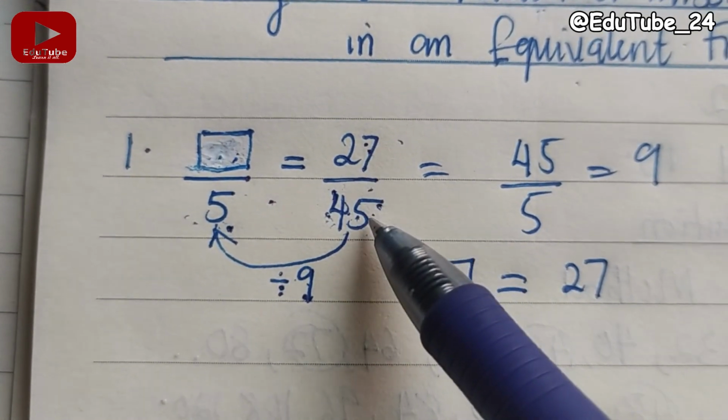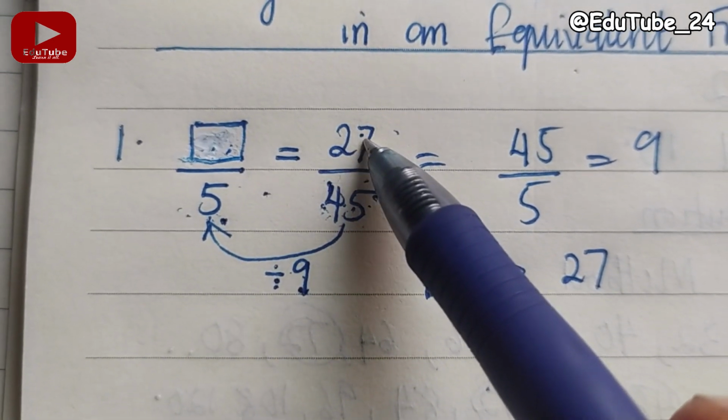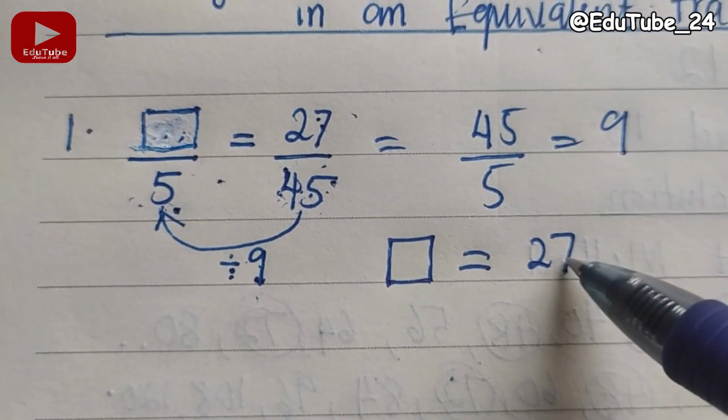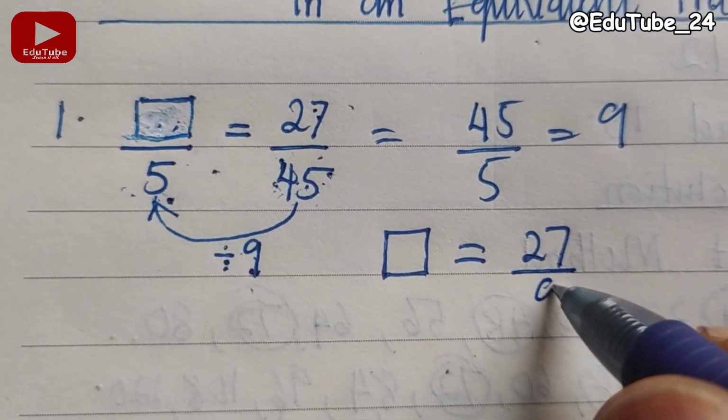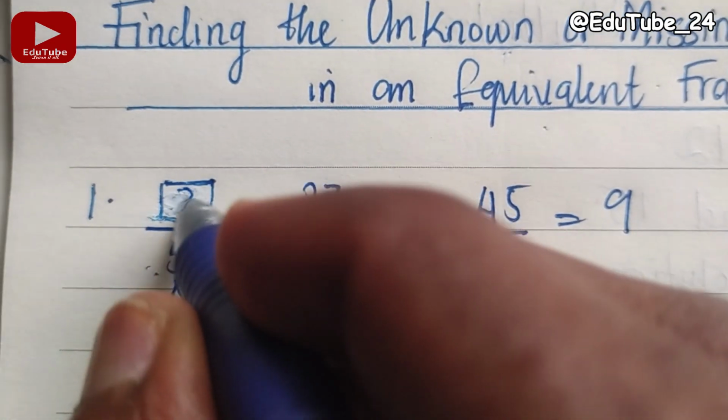So if the denominator is decreased by 9 to 5, the numerator should also be decreased by 9. So I will say 27 divided by 9, and that will give me what? 3. So the missing number here is 3.